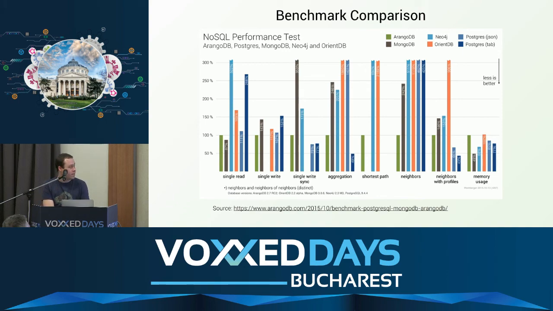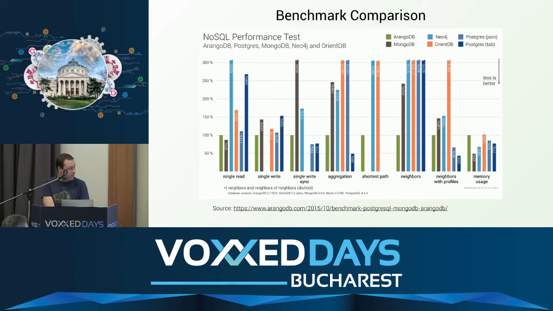And then we have aggregation, where I just want to aggregate all the users by their age. We figured out that we are actually pretty good compared to MongoDB and Neo4j.